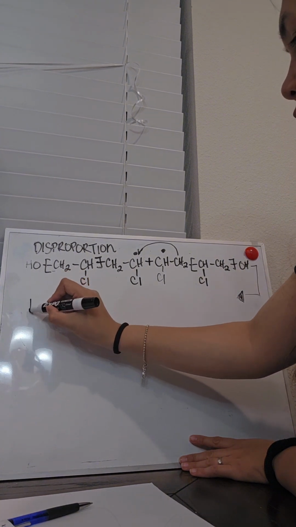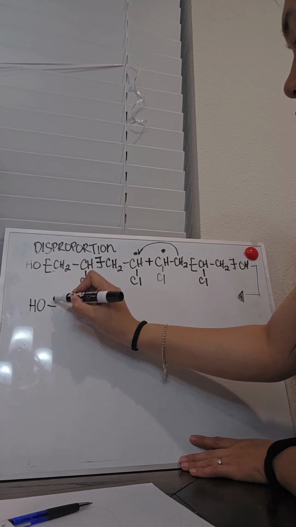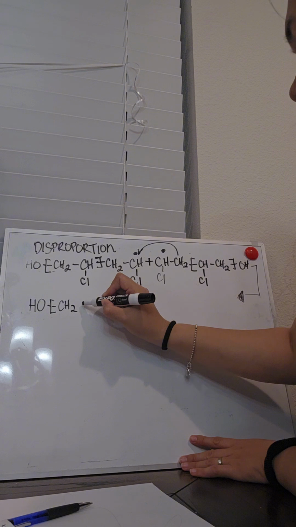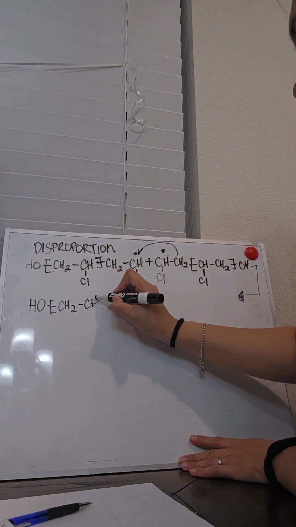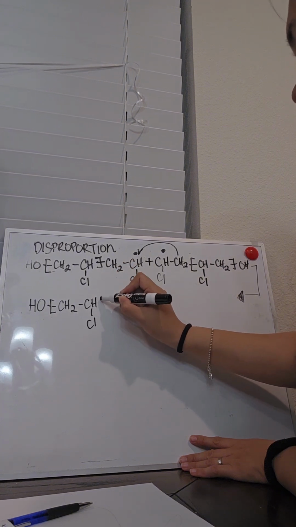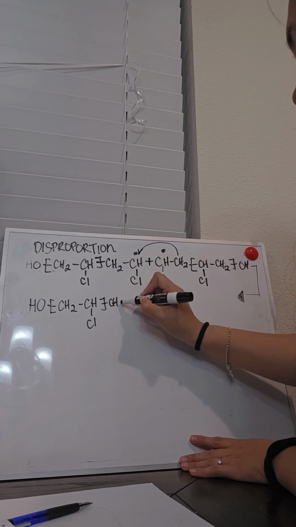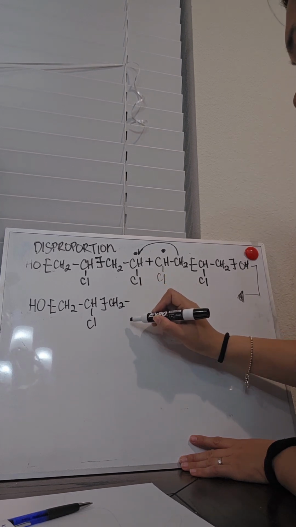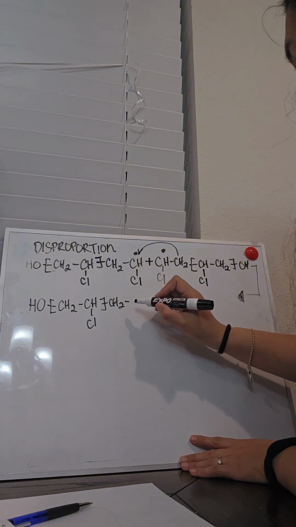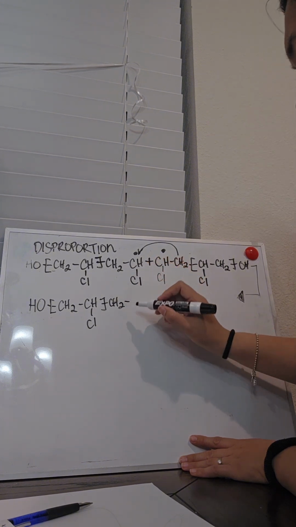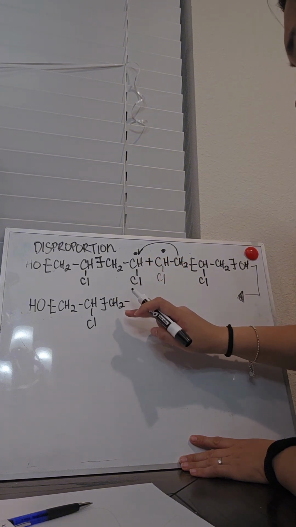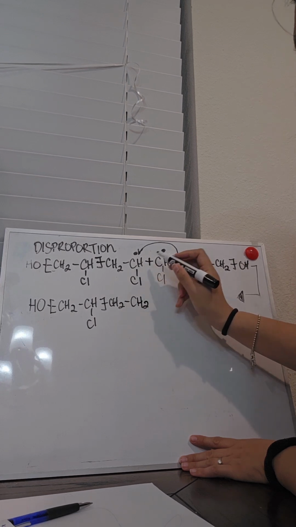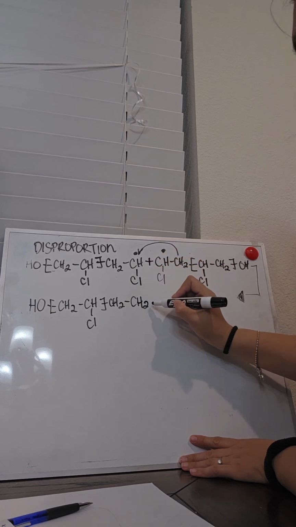So it's basically writing everything from here down here, but this will be CH2 from this H because of the transfer of that hydrogen.